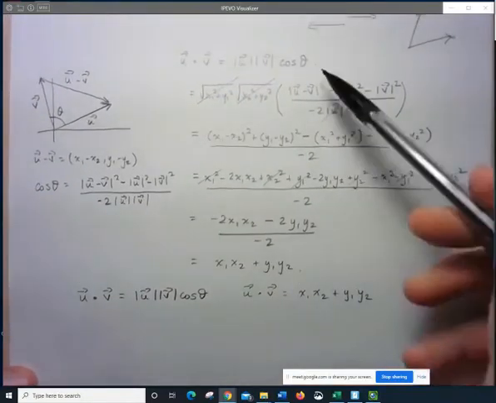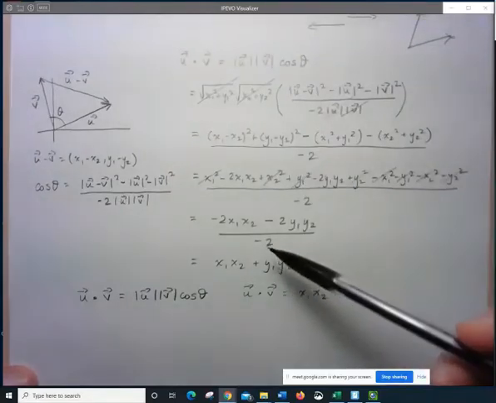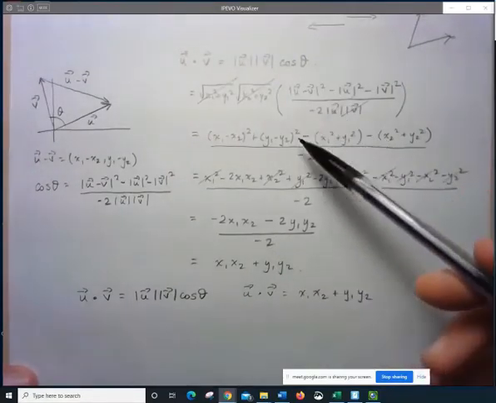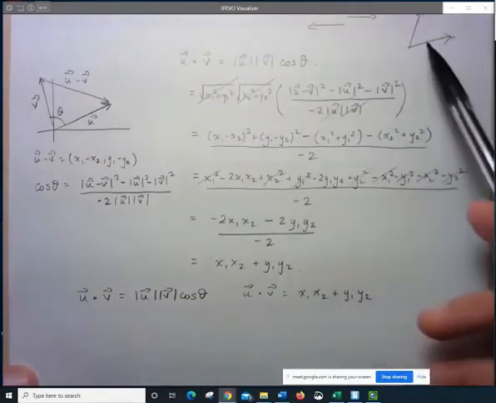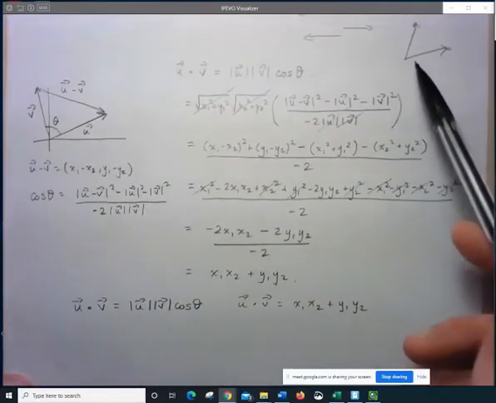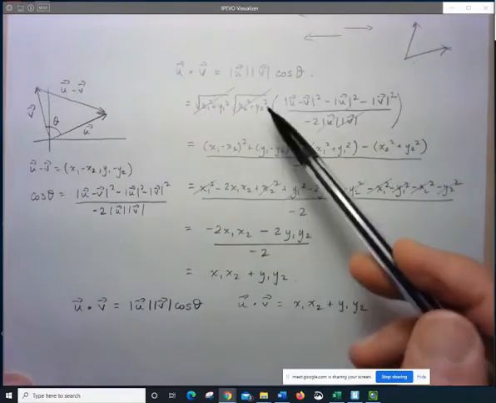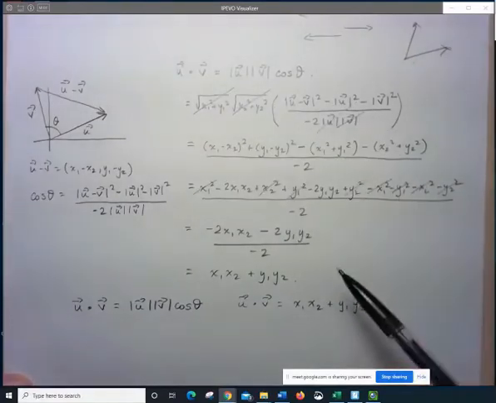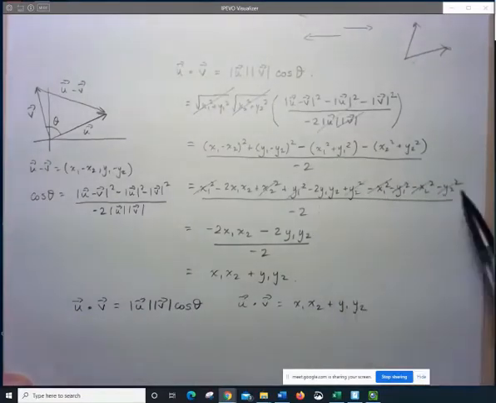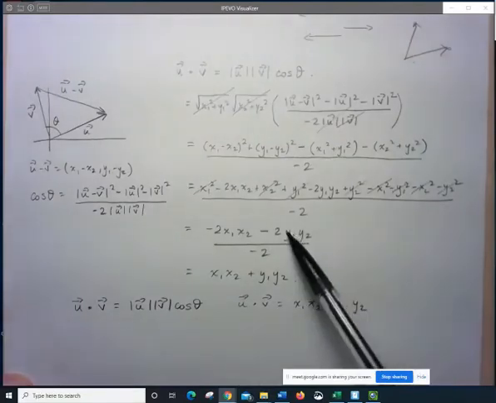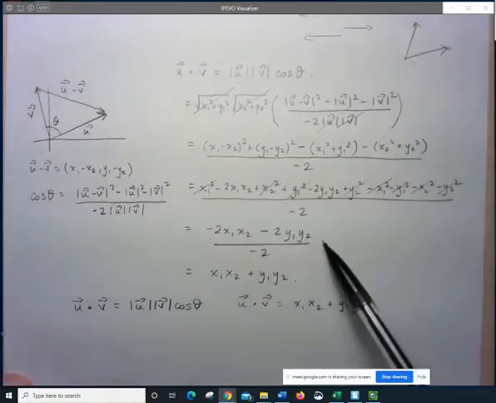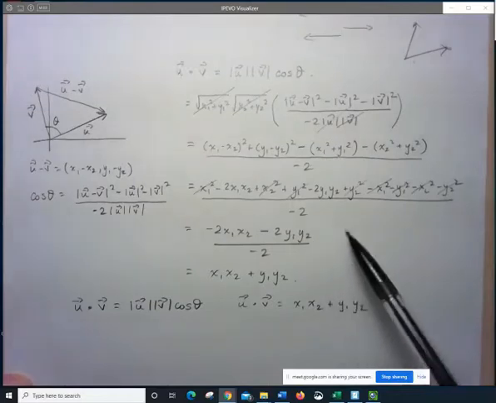And you can imagine that in this whole process, pretty much everything would have looked exactly the same had I been working in 3D. The only difference is I would have had z components all over the place, but the same thing would have happened. The z squareds would have canceled out, and the only thing I would have been left with would have been a minus 2 z1 z2.